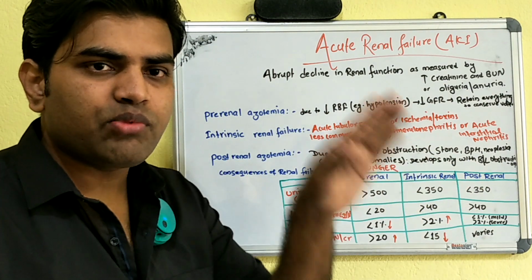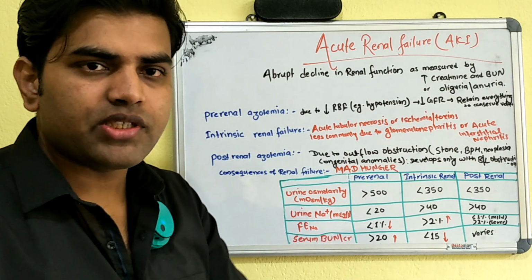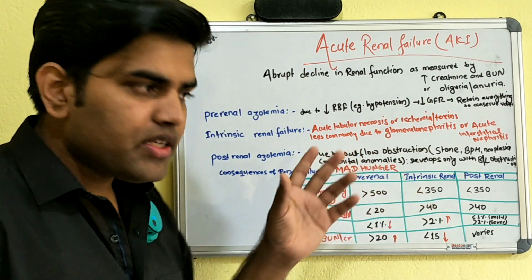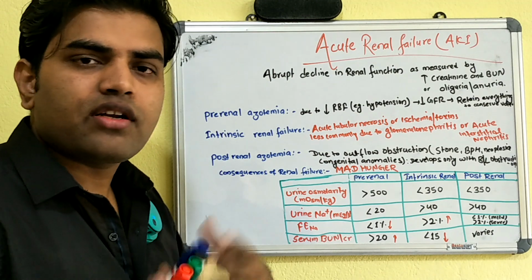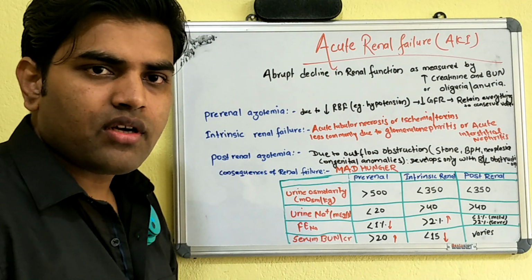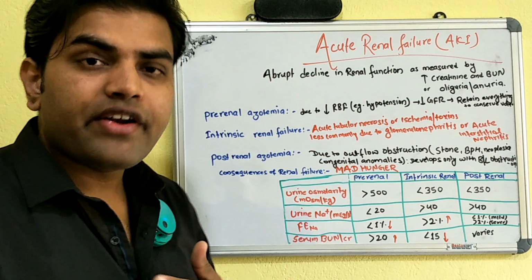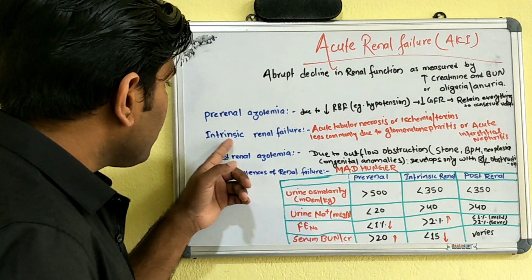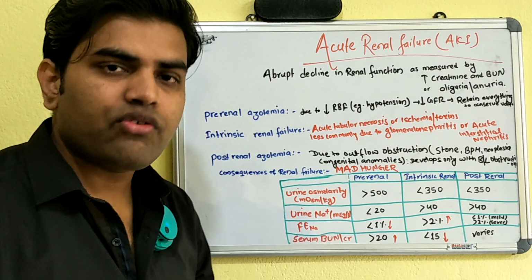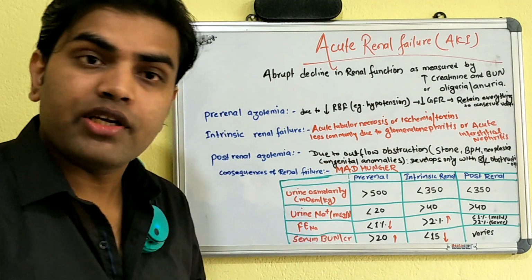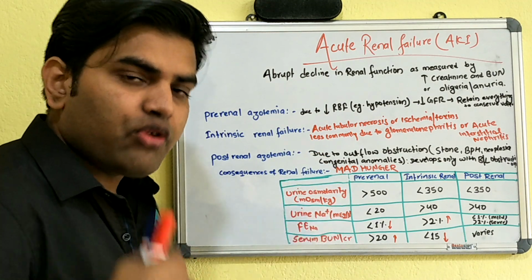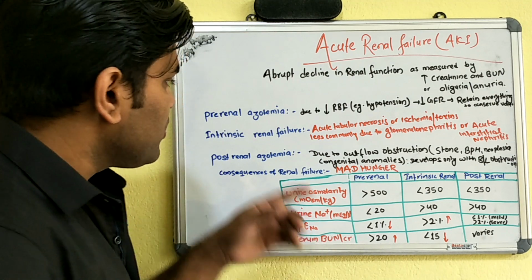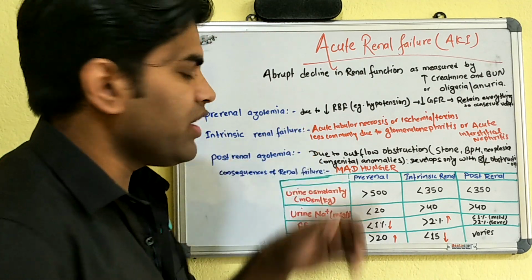If RBC gets deposited, RBC cast; WBC, WBC cast, as in pyelonephritis we have talked about. Same like that, if the epithelium is sloughed off, it will go and deposit over the cast and is known as the epithelial cast. Even in this condition, there will be a granular cast. So in intrinsic renal failure, you will have the granular epithelial cast, which will be a diagnostic point, which will be a lead in the question or they will ask about it. Okay, so you have understood intrinsic renal failure as well.